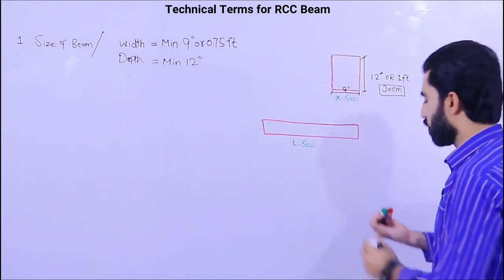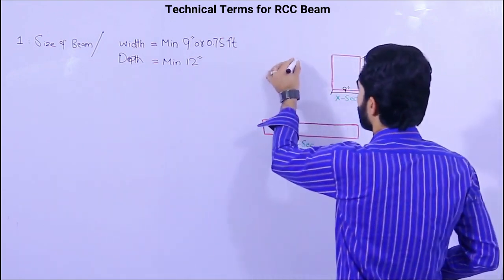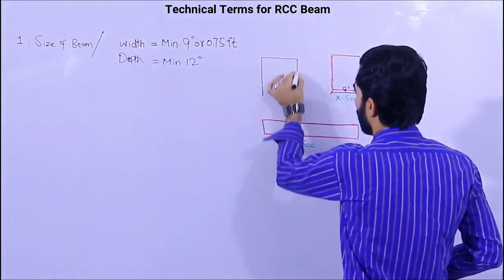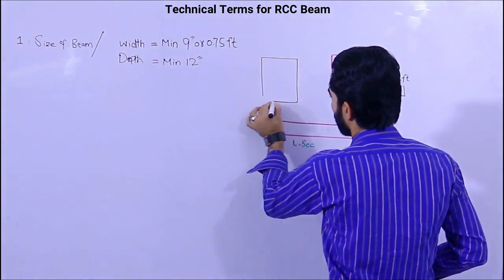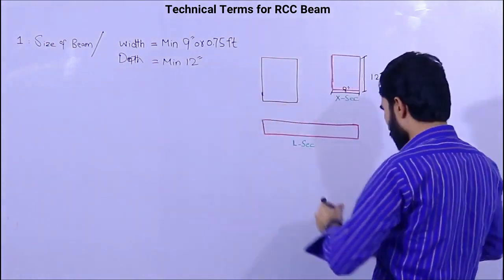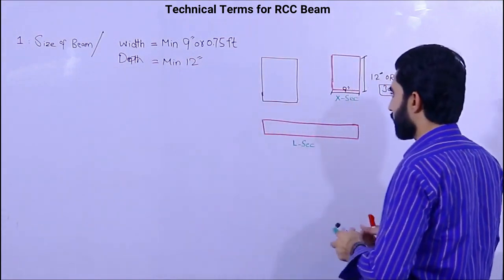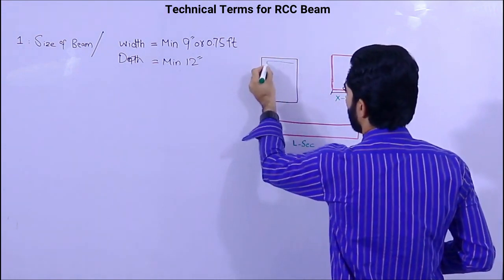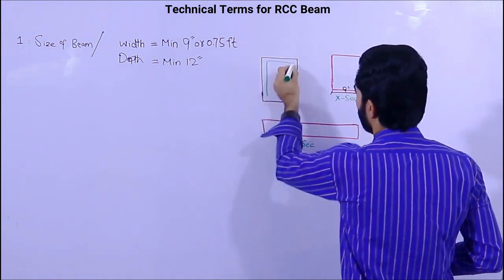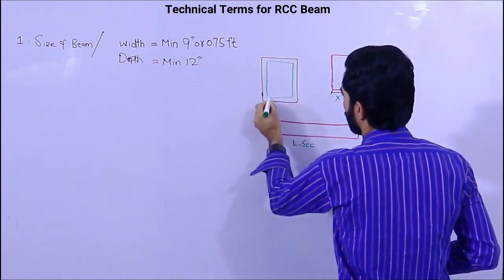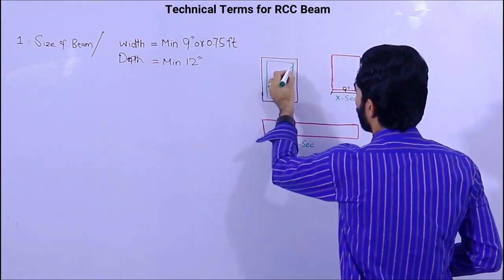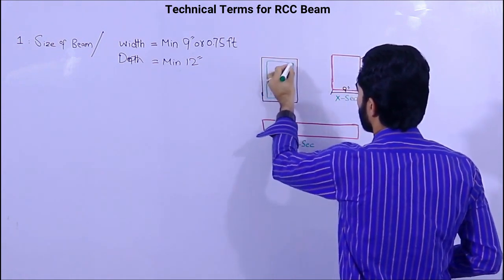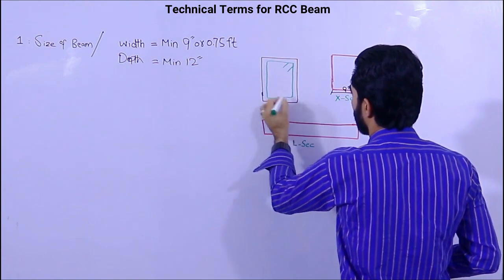Now come to its steel reinforcement. Here you can see this is the other graph. Inside we are using stirrups, in top beam or bottom beam, in both cases we are using stirrups. You can see these are hooks, inside hooks you can see clearly.